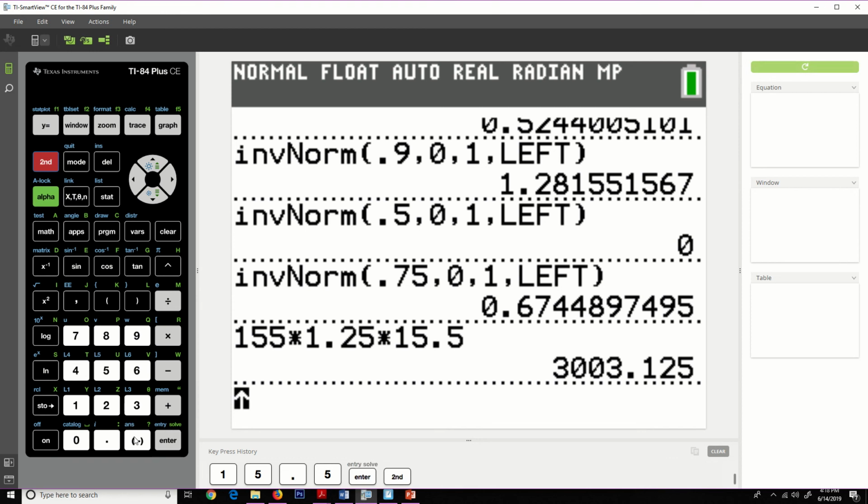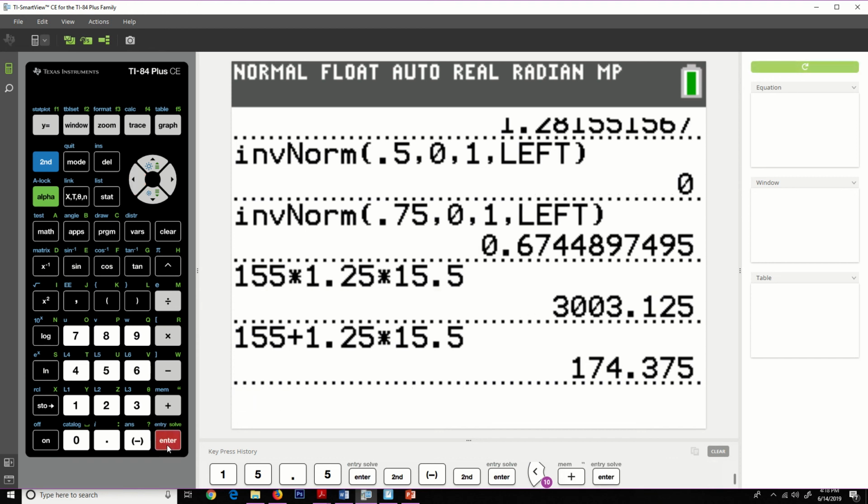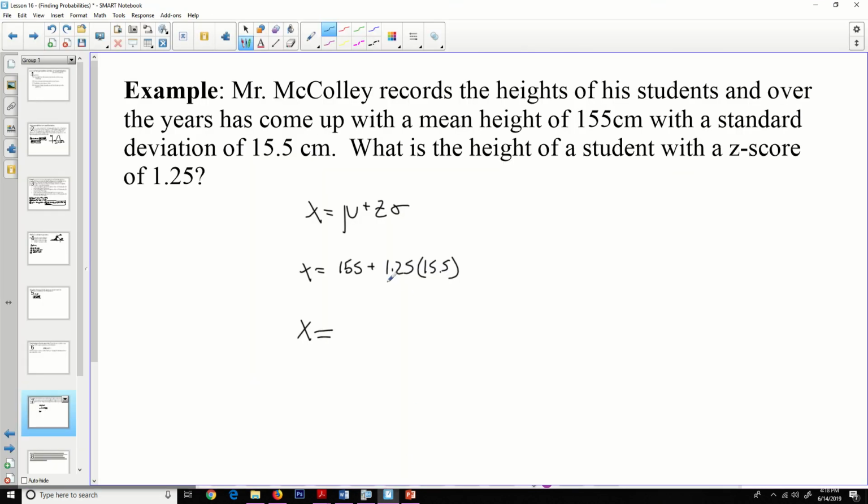I'll go to the second entry and fix it. I should have put a plus there. Hit enter, and there's the number I was looking for: 174.37 centimeters tall.